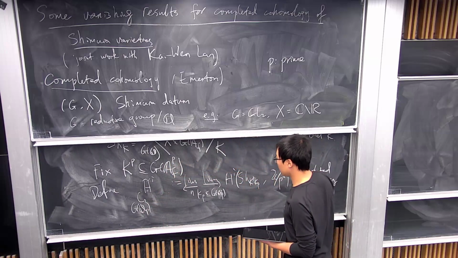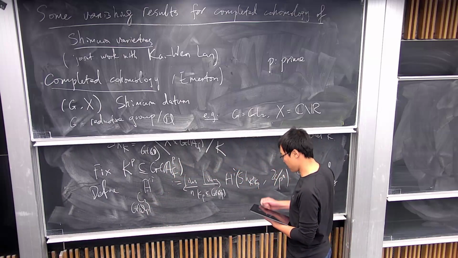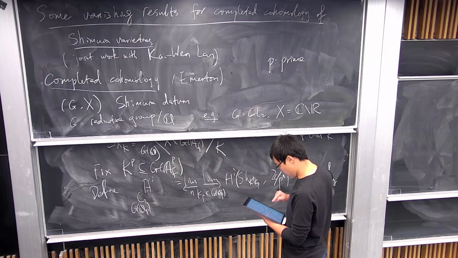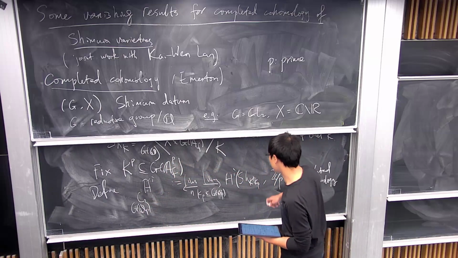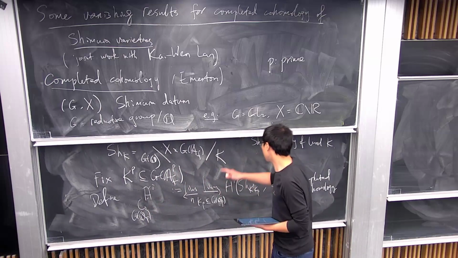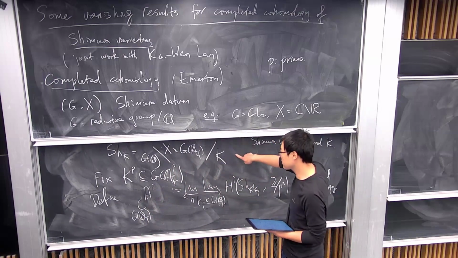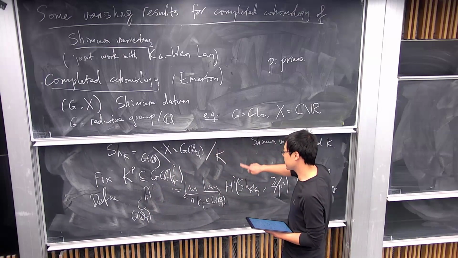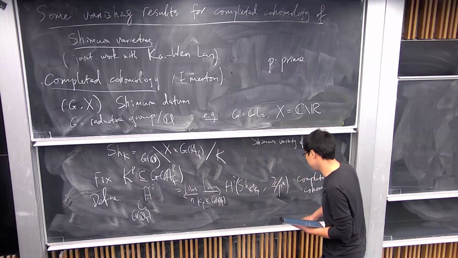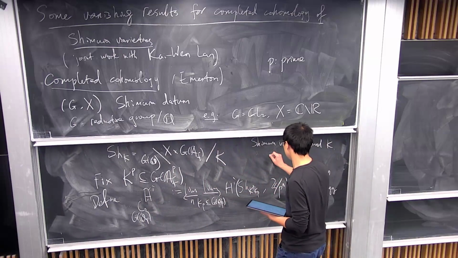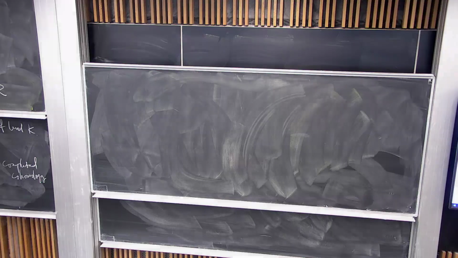And also, actually, you have something more. So the Shimura varieties, as I said, are algebraic varieties over C, but actually they're defined over a number field.